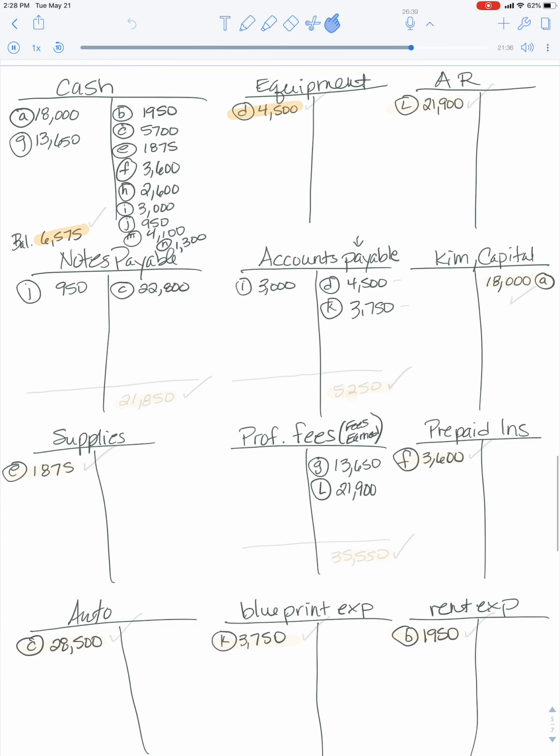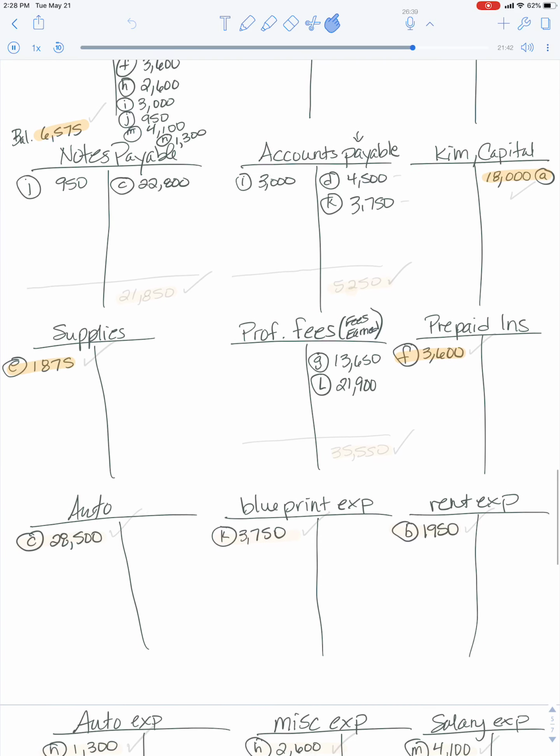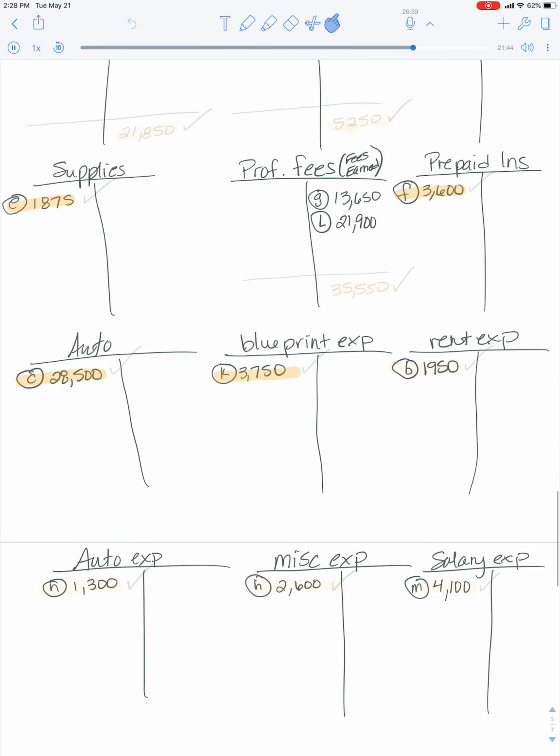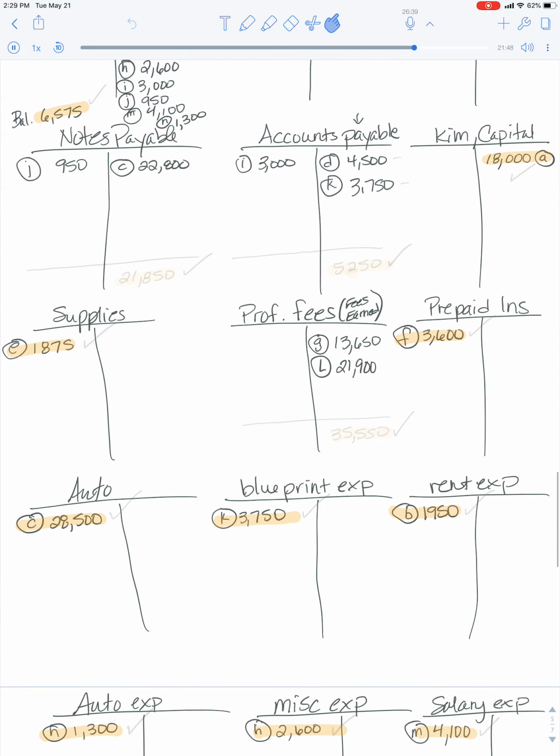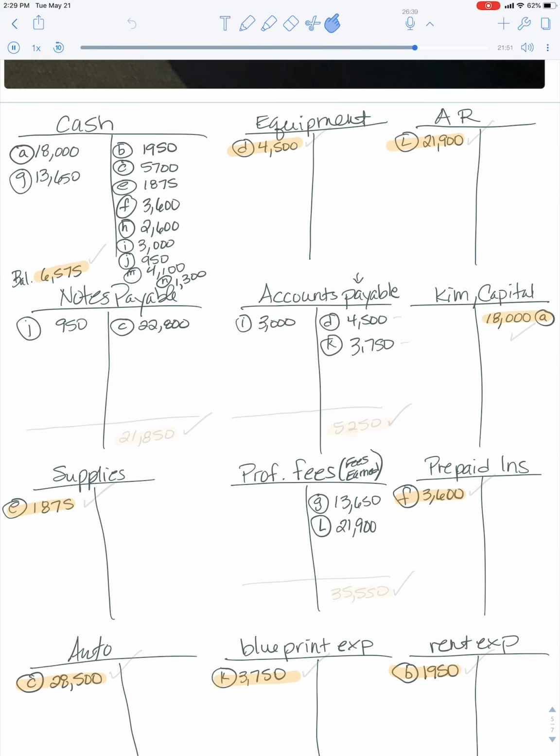We only had one entry for equipment, so that's the balance. Some of these only have one entry, that's our balance. And for the rest that don't have a balance, we need to total them up. So you add the left side, you subtract the right side, and this notes payable balance should be a credit of $21,850.